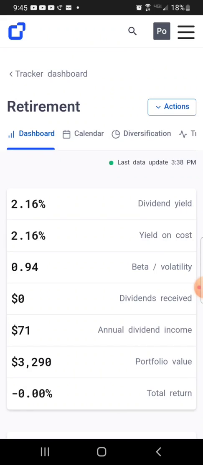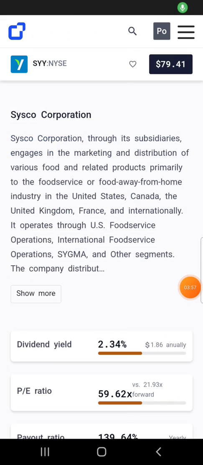And let's take a look at Cisco. So Cisco, through its subsidiaries, engages in marketing and distribution of various food and related products, primarily to the food service or food away from home industry in the United States, Canada, the United Kingdom, France, and internationally.